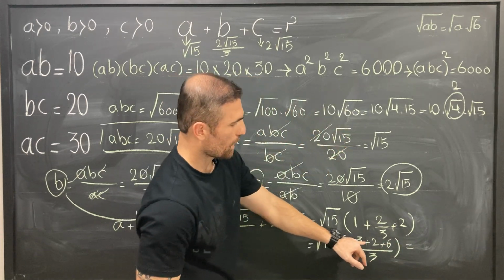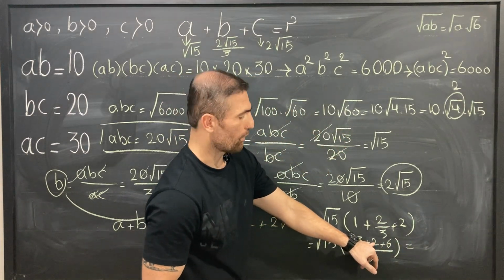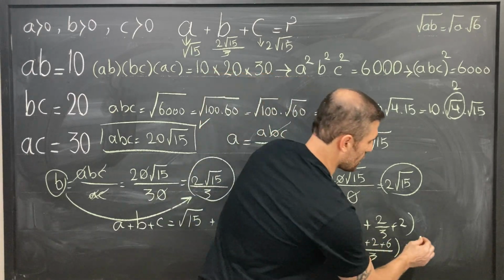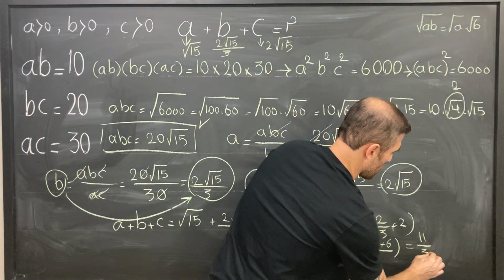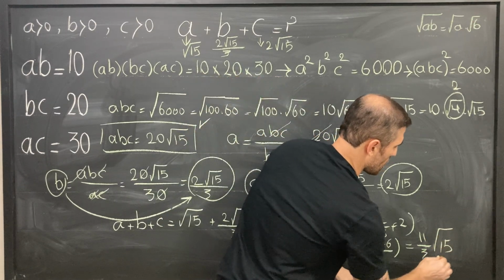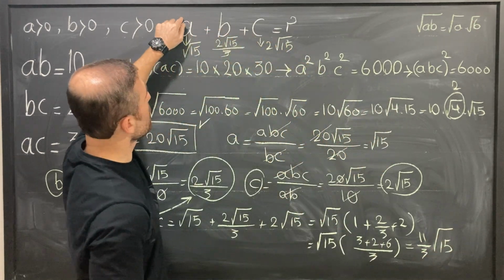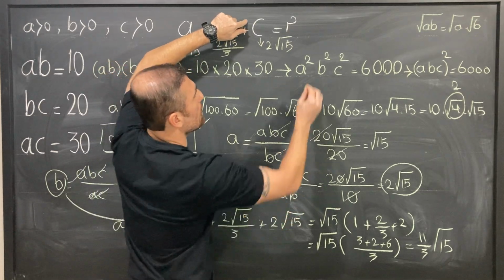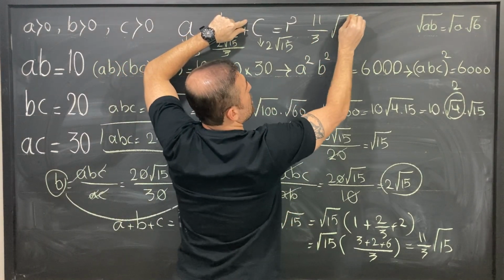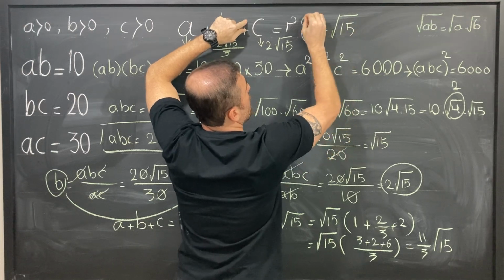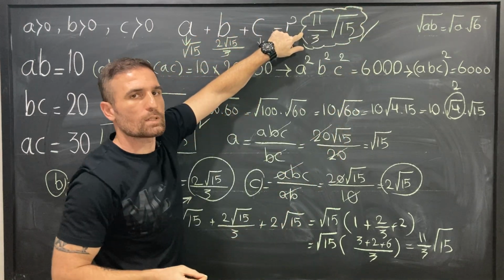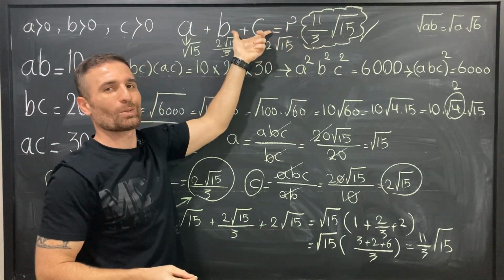Now 3 plus 2, 5. 5 plus 6, 11 over 3. And we have here a square root of 15. So the value of a plus b plus c is going to be 11 over 3 square root of 15. And this is the most simplified answer of our question.